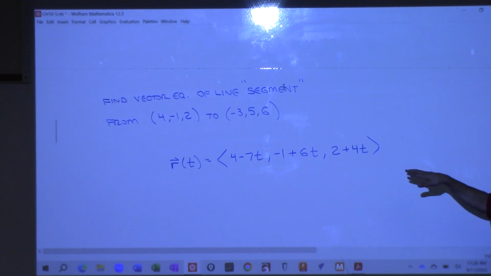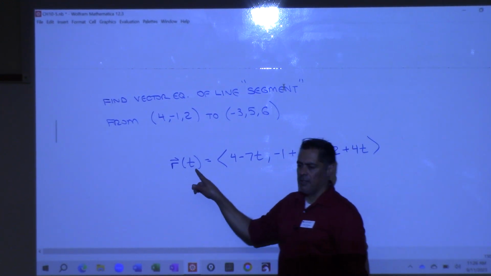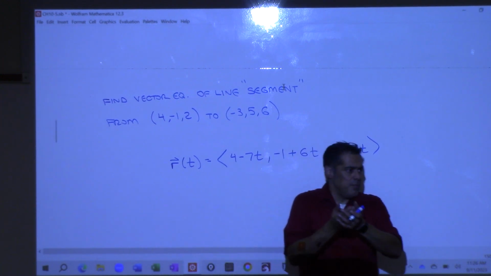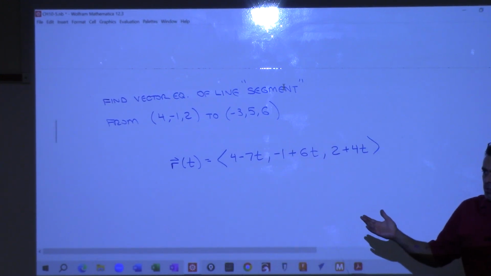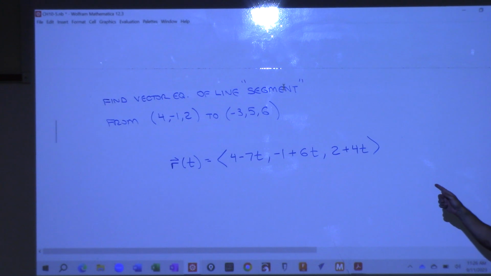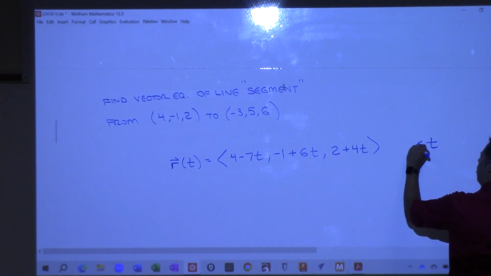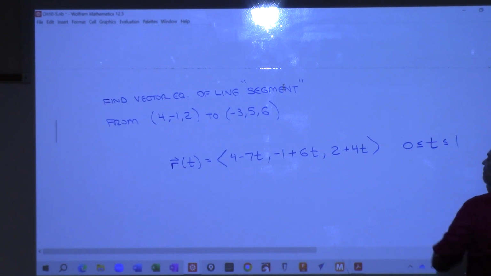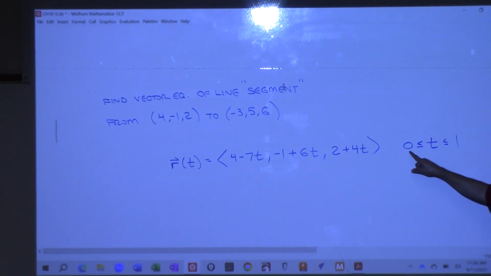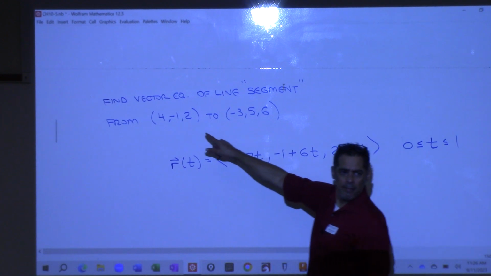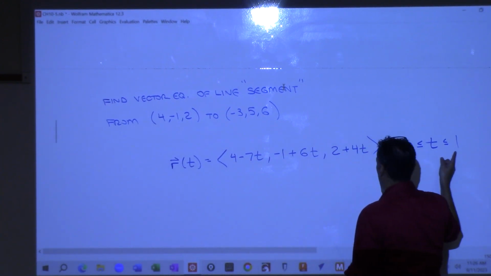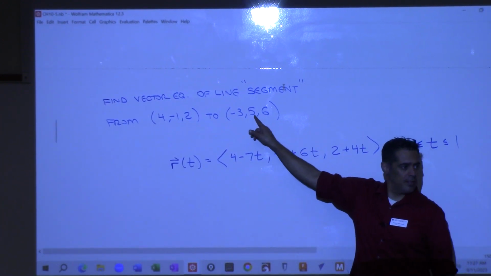But see, in the previous answer, I didn't put any restrictions on t, did I? So it was assumed that t could just vary and be any scalar multiple, like any number. Here I'm going to put a restriction on t. And the restriction is that I'm going to let t always be between 0 and 1. Because if t is 0, remember that gave us the first point? And if t was 1, it gave us the second point.